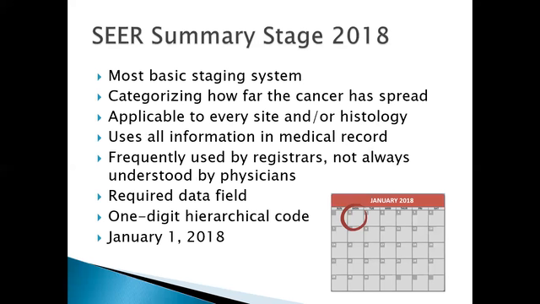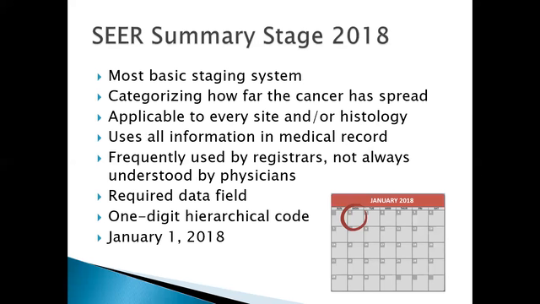The higher the code, the greater the extent of cancer, with the exception of code 8, which is for benign borderline tumors, and 9, which is unknown summary stage. So 1 through 7, 7 being the most extensive stage of SEER summary stage that a patient can have.